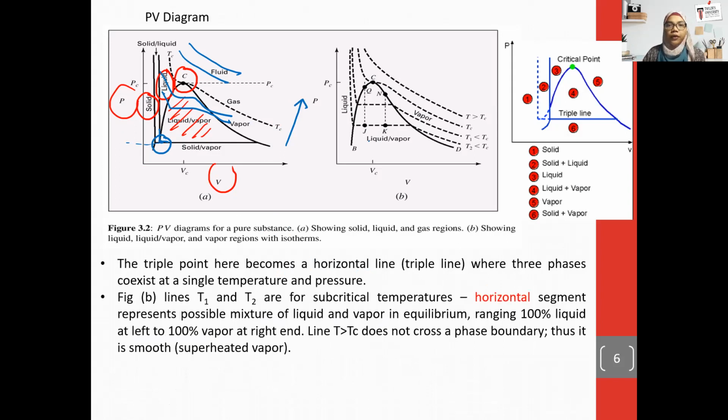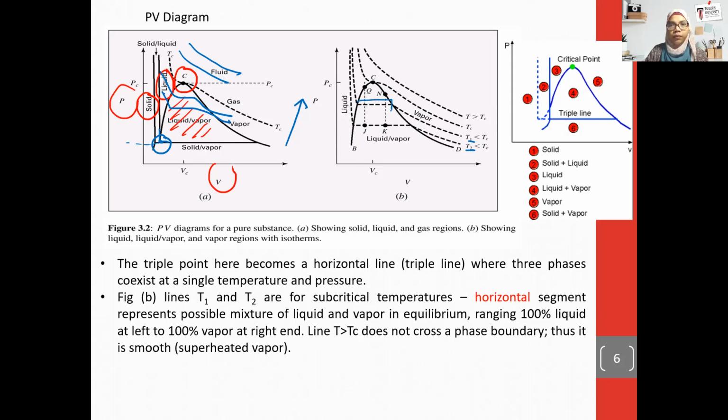You can see from figure B here, lines T1 and T2 are subcritical temperatures. That means they are lower than the critical temperature. The horizontal segment here represents a possible mixture of liquid and vapor.